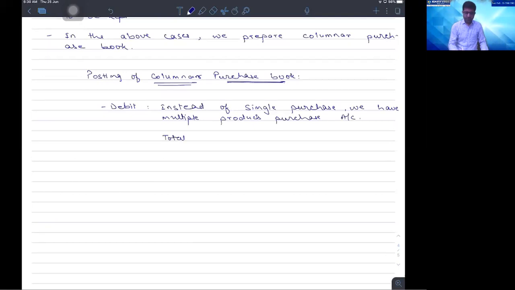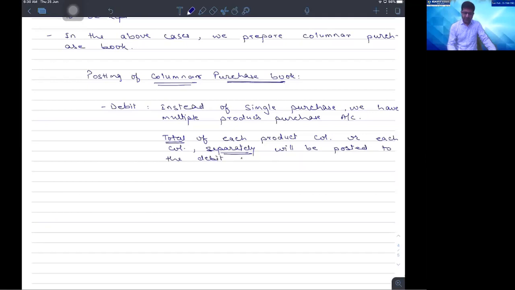Total of each product column or each column separately total will be posted to the debit of respective account. All right.